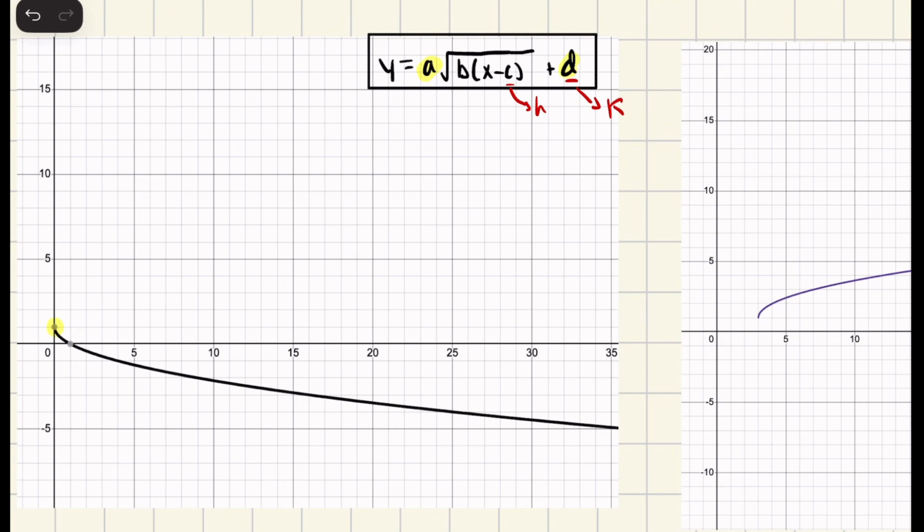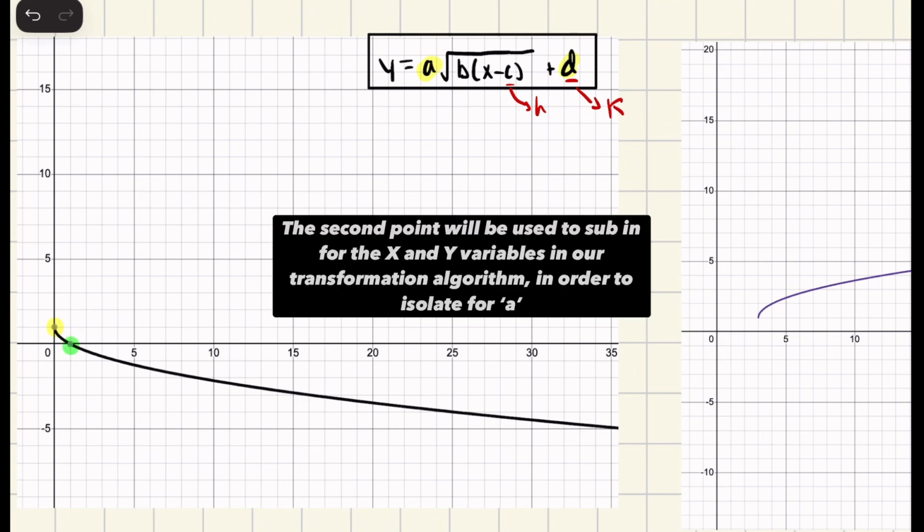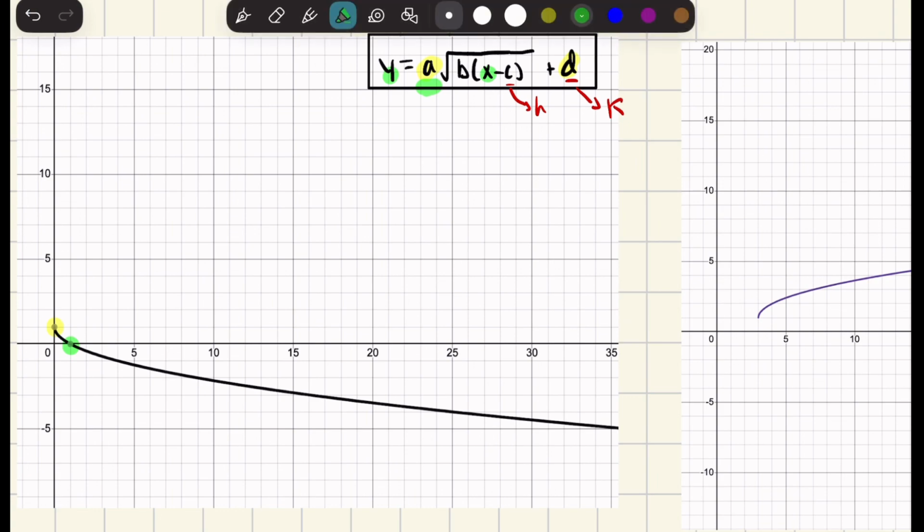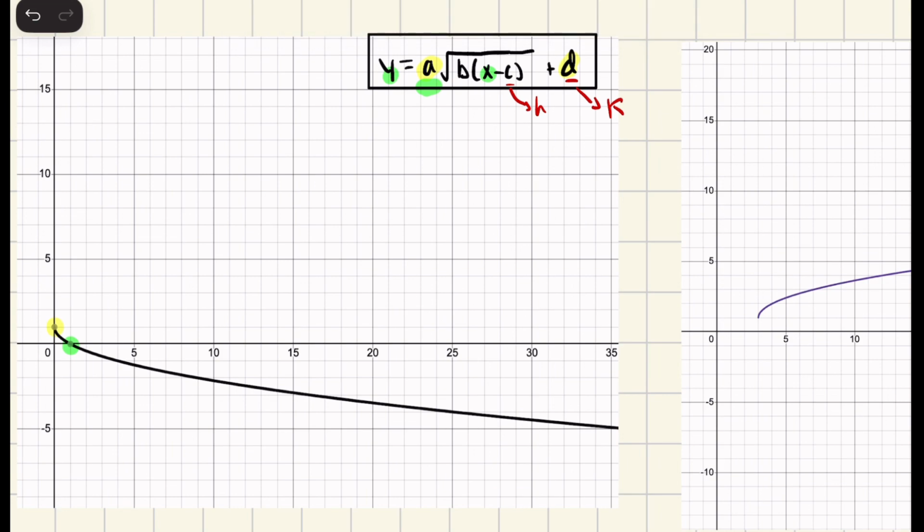The second point, and you can really pick any point along this graph. I would just suggest picking points that are clear and that are not decimals. We're going to use it to sub in for the Y and the X with the aim of isolating for the A. Now for the B value here, we're going to deal with graphs that have neither a stretch nor a compression in the horizontal dimension, but we will deal with graphs that could be reflections.